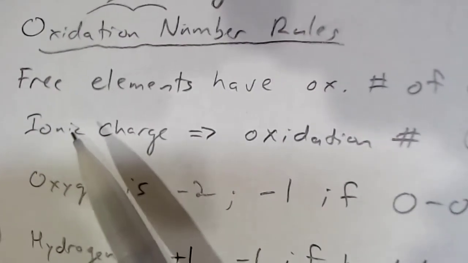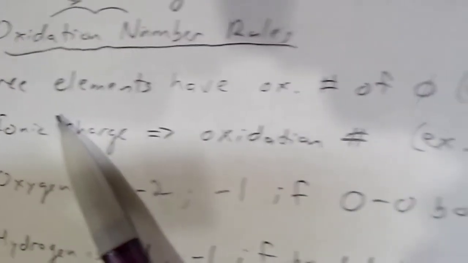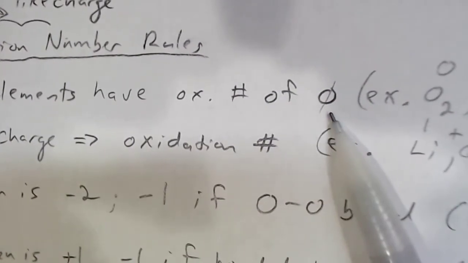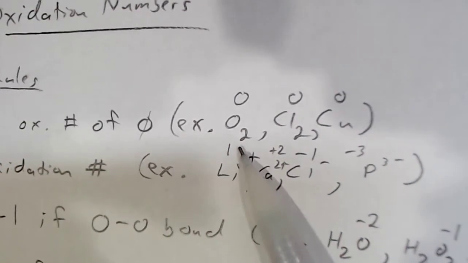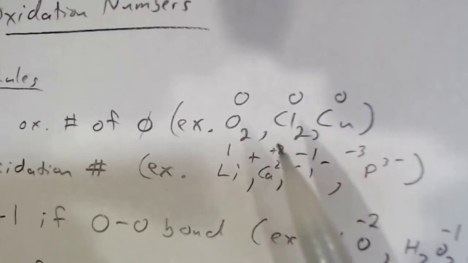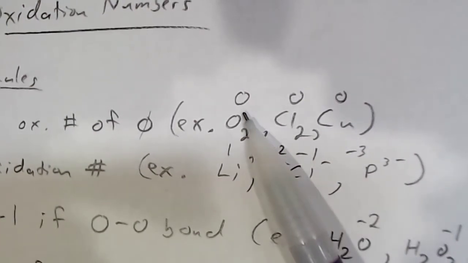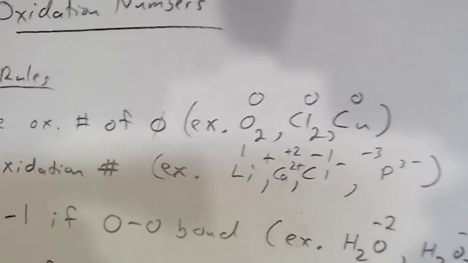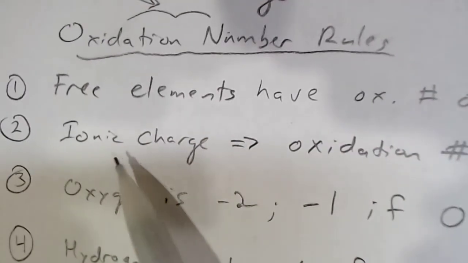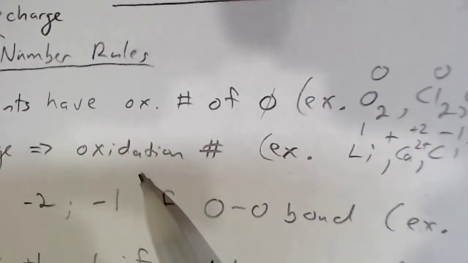All right, anytime you see a free element, so a pure element that has no charge on it, then its oxidation number is 0. So for example, if you see pure oxygen or pure chlorine or pure copper, if you see no charges and no other elements next to them, then their oxidation numbers are 0. Second, if there is an ionic charge on something, then the ionic charge is the same as the oxidation number on it.